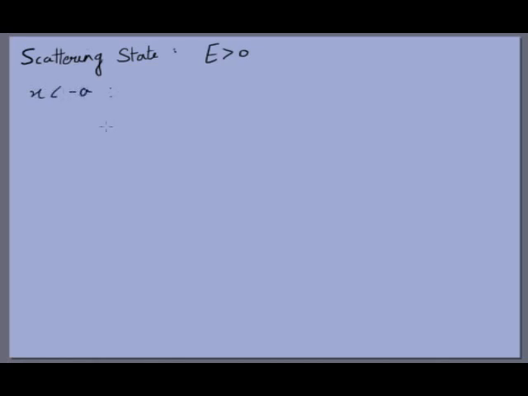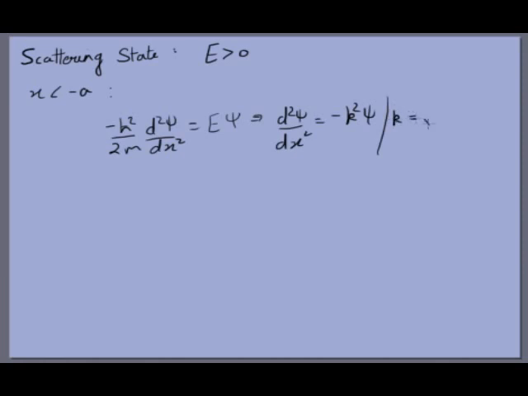We have the equation minus h square by 2m d2 psi by dx square is equal to E psi. But in this case, E is positive. So what we'll get is d2 psi by dx square is equal to minus k squared psi, with k being equal to root of 2mE by h.